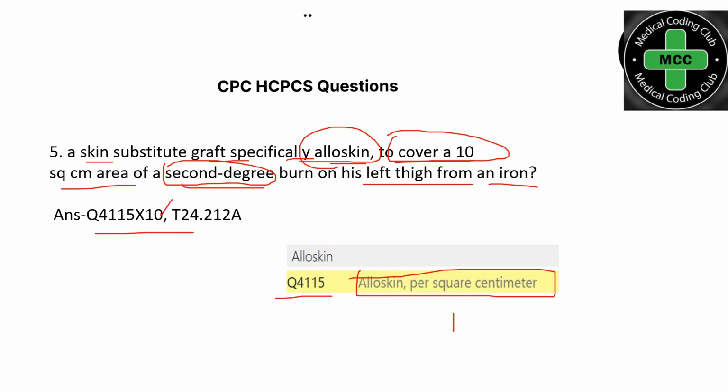So Q4115 with units 10, and you can also check the ICD for the second degree code. The correct answer is Q4115 with units 10 and T24212A. Make sure you check the complete question, and if they give third degree or first degree, please select the ICD accordingly.